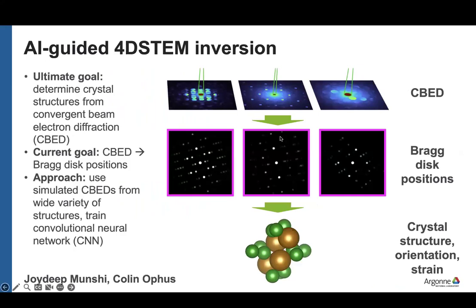They sometimes are overlapping. So one of our goals is to first turn these overlapping CBEDs into Bragg disk positions, sort of a cleaner, typical diffraction pattern, which is essentially the Fourier transform of the electron density of the material. And from there, get the crystal structure, orientation, and strain.